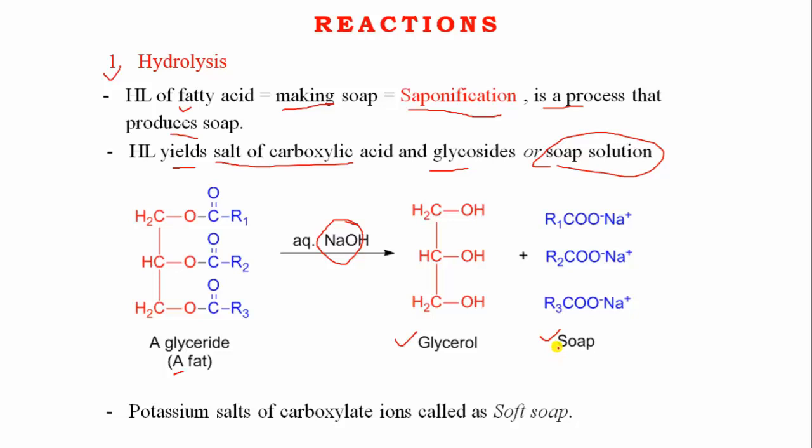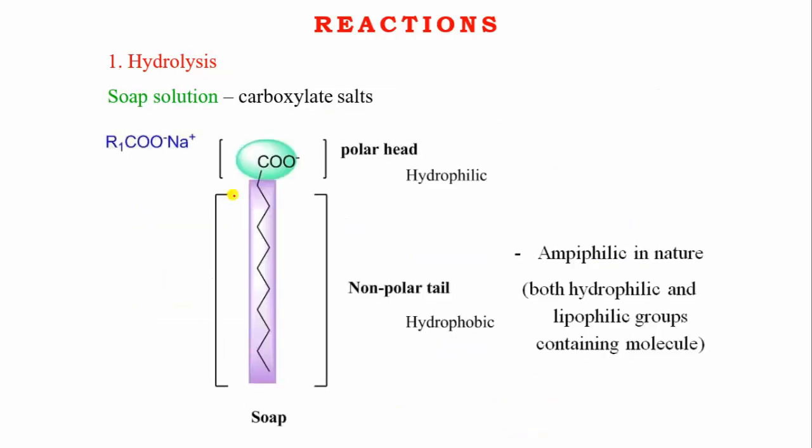Soap is a sodium salt of carboxylic acid. If it is a potassium salt of carboxylate ion, that is called soft soap. In that hydrolysis of fat, it forms a soap solution, that is a carboxylate salt.